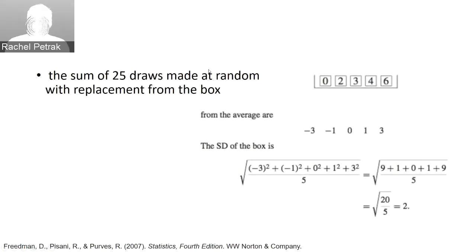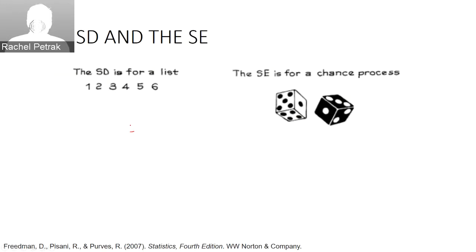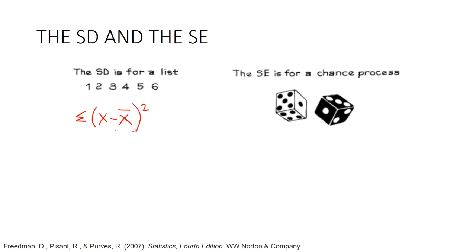So when you're looking at finding the standard deviation for a list, you're just using the list of numbers provided, the list of data, and you apply the standard deviation formula, which was the sum of x minus x bar squared over n.